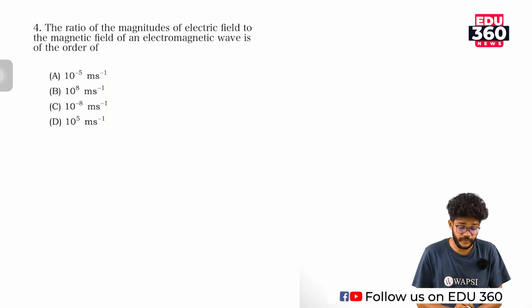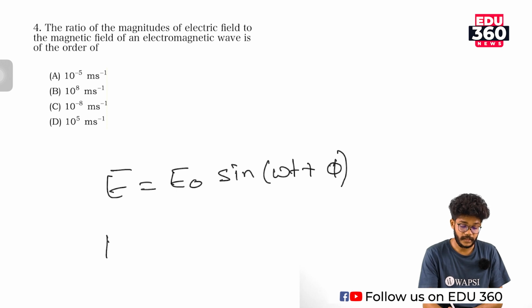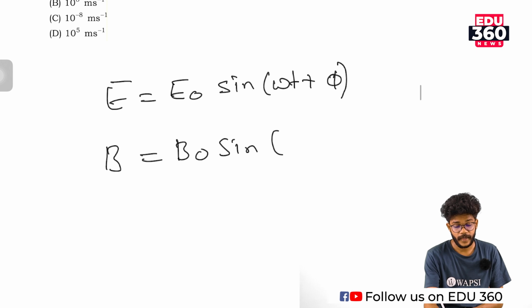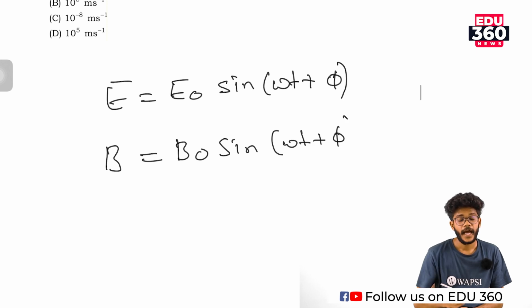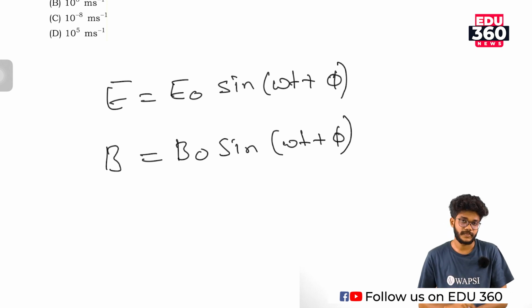The ratio of magnitude of electric field to the magnetic field of an electromagnetic wave. We know that E is equal to E0 sin(omega t plus phi), and B is equal to B0 sin(omega t plus phi), and this E0 and B0 have a connection.